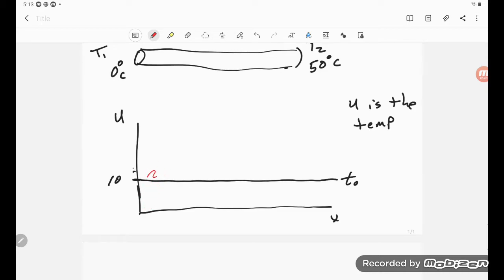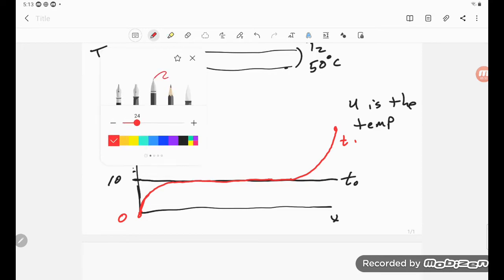And what you might expect to see is if this is 0 down here, right? You know, this thing has changed temperature, but probably not through the whole rod. But the ends have gotten warmer. And we'll put 50 up here and 0 down here. And we might expect to see something like this at, this is T1.